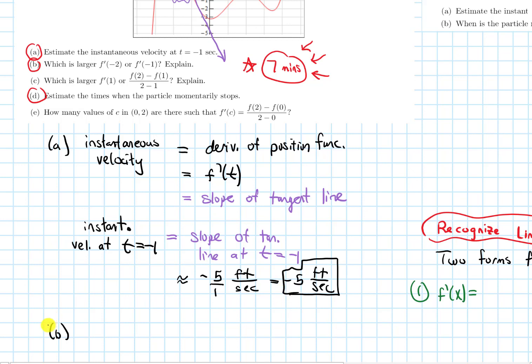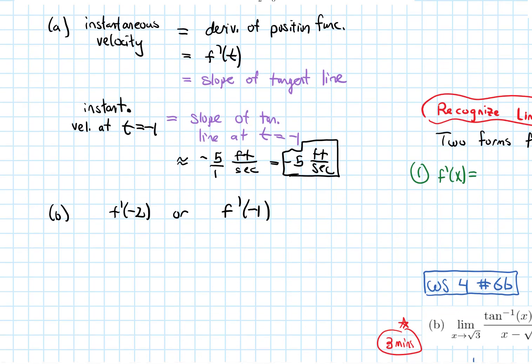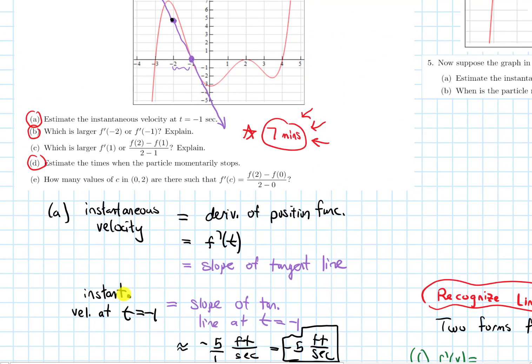Okay, we are on to part B, which asks: which is larger, f prime of -2 or f prime of -1? Well, we know derivatives are slopes of tangent lines, and f prime of -1 we already got. This is the slope of the tangent line at the point where t equals -1, and I could see that from the picture.